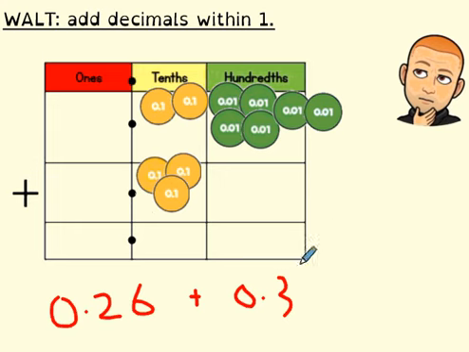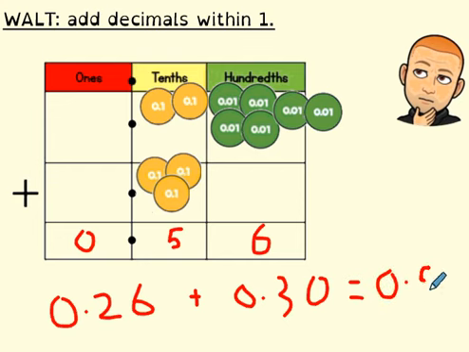Doesn't matter which way you do it. I have in total 6 hundredths. I have in total 5 tenths. And I always must remember to put in my place value holder to give me my answer, 0.56.